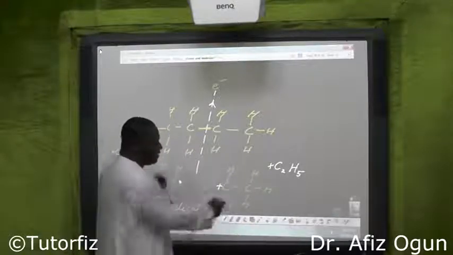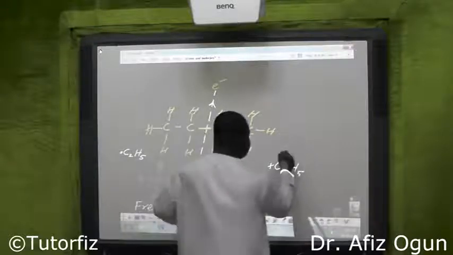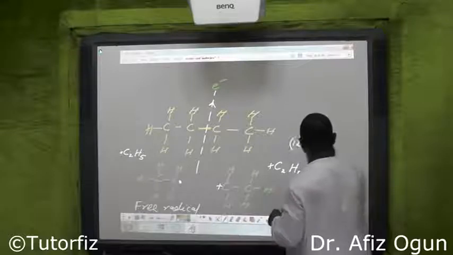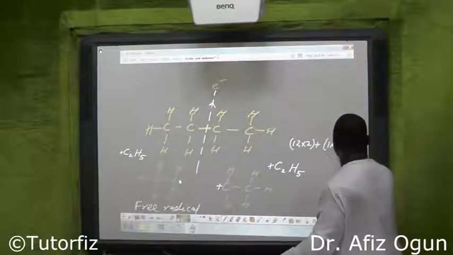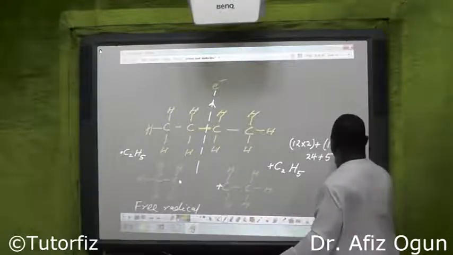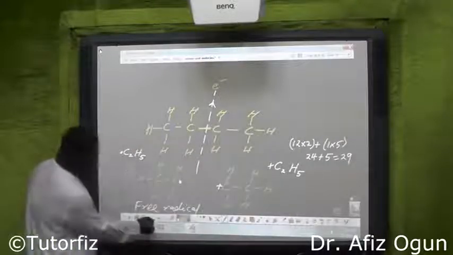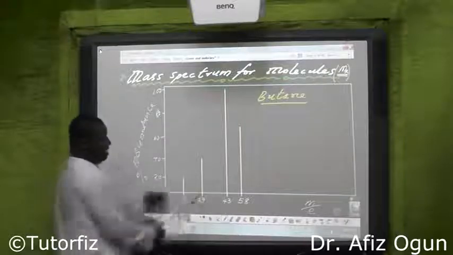And what is the mass of this? This is C2, which is 12 times 2, plus H5, which is 1 times 5, and gives us 24 plus 5. This gives us 29. That is why we have a peak at 29. A mass that is 29.